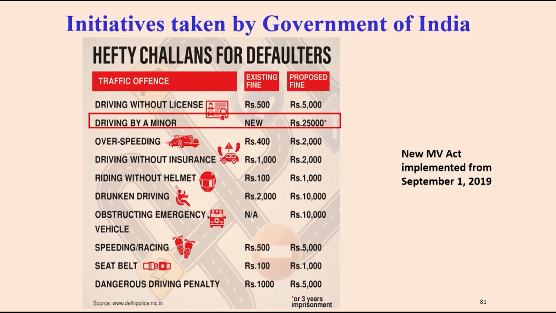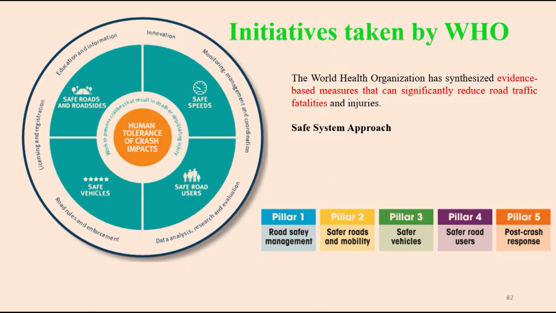They have to pay a 25,000 penalty plus imprisonment, 3 months, and up to 3 years of imprisonment is also possible. That is implemented throughout pan India, and it has made a significant improvement.